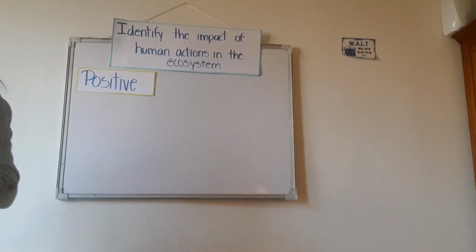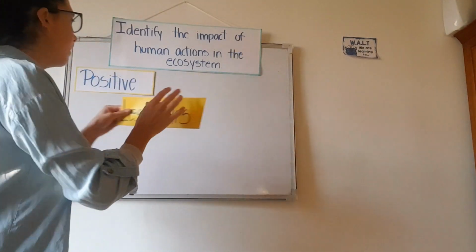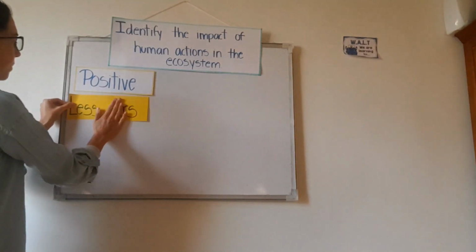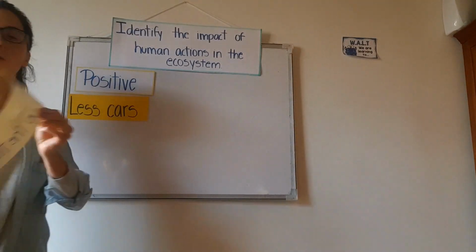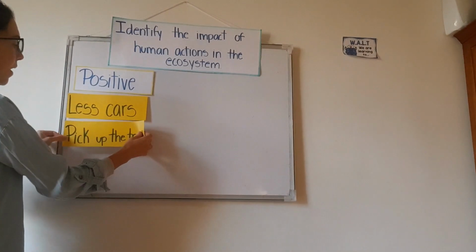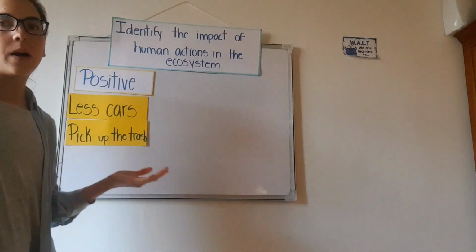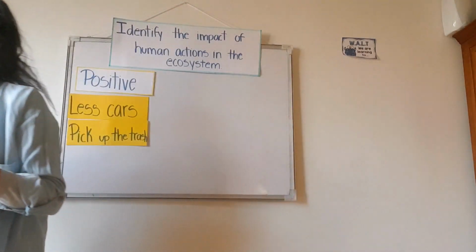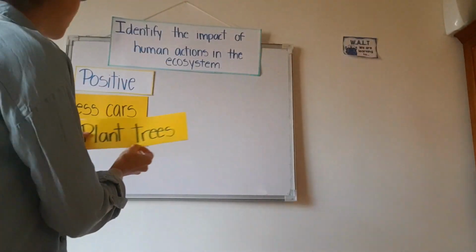So, let's start by using fewer cars. That's one. Another one can be to pick up the trash that we can find in the park or at the beach. A third one would be to plant trees.